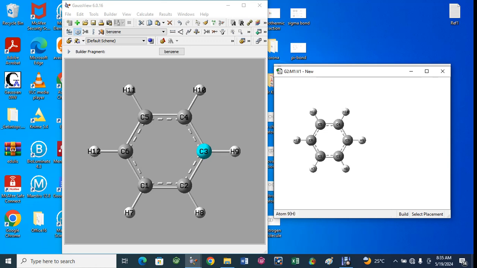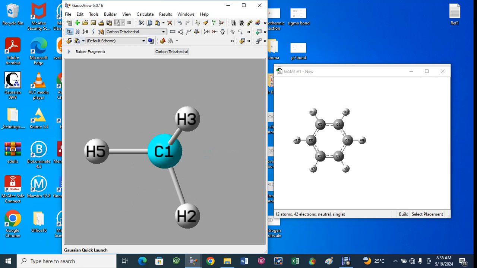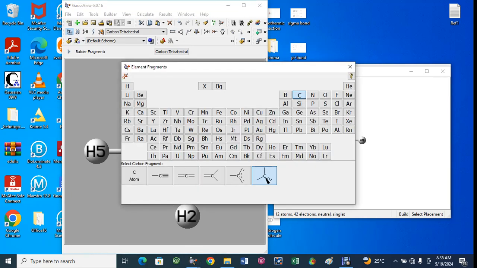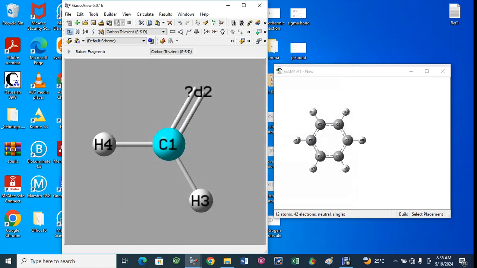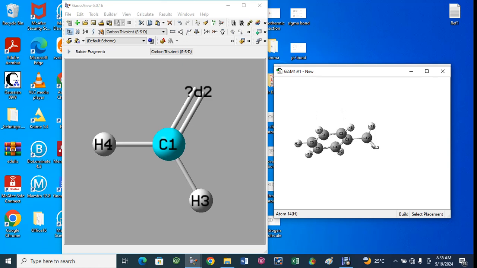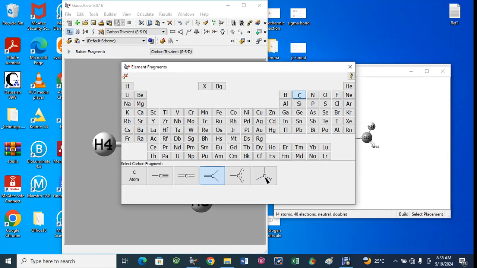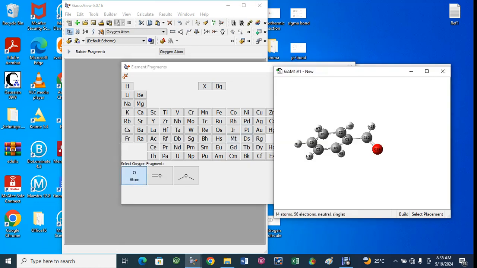Then what is the next thing to do? I can come here again, select the carbon atom, then the double bond, the sp2 carbon. Then I bring it here. Wow, you can see what we have. I can rotate such that I'll be able to place the oxygen atom. You can come here, select the oxygen atom, and place it here.